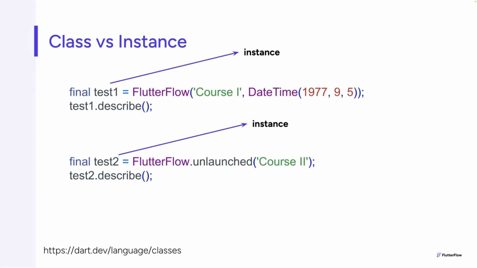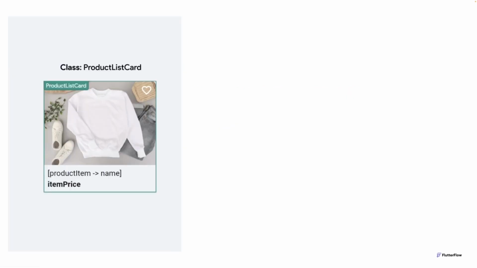Think of classes as templates that outline the structure and features of something you want to create multiple times. Let me give you a visual example. Here is a reusable component called product list card with specific characteristics such as an image, product information text, and actions that it should perform when tapped or clicked.